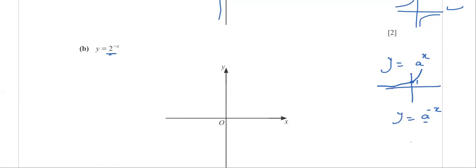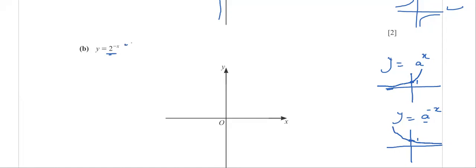But if the power is negative, then the graph will look like this one. Again, it will cross at 1, y is equal to 1, but will now be on this side and will get closer to the positive side of the x-axis. If the power is positive, it will get closer to the negative side of the x-axis. If the power is negative, it will get closer to the positive side.